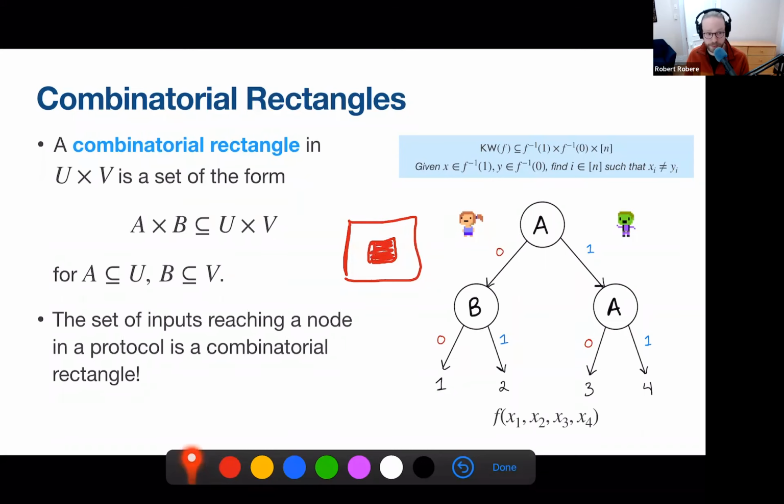And the reason that these are important in communication complexity is because since only one player speaks at any given node, all of the assignments that reach any given node in a protocol form a combinatorial rectangle, right? Every player can only send a bit based on their input. So this ends up partitioning the input space up into combinatorial rectangles.